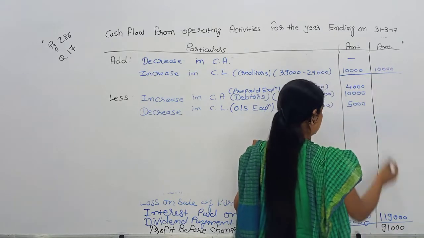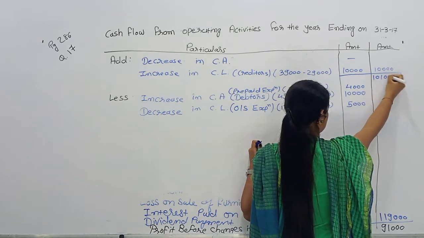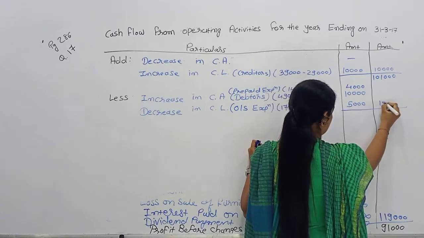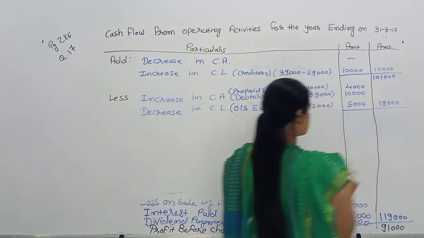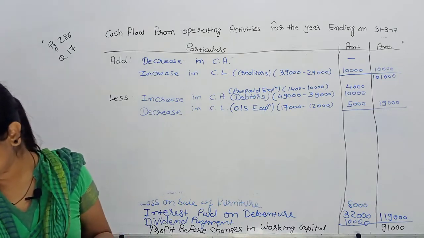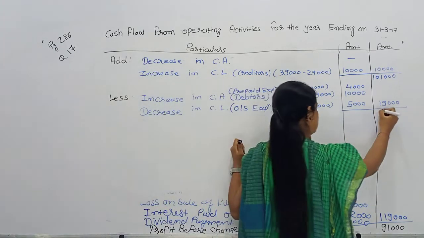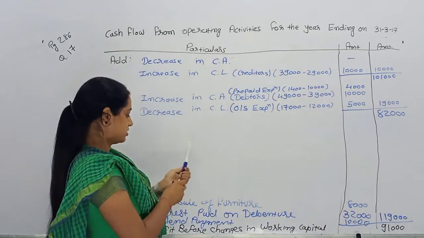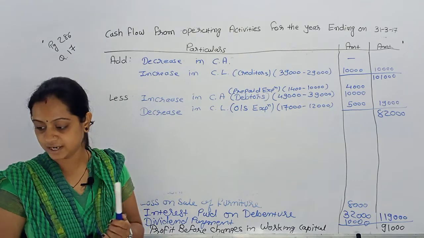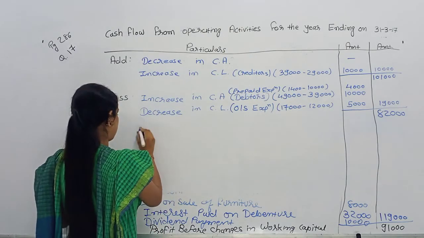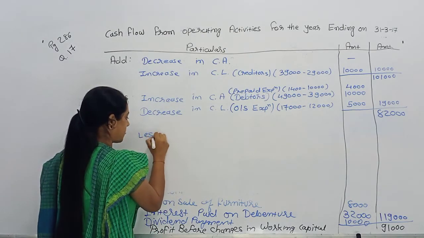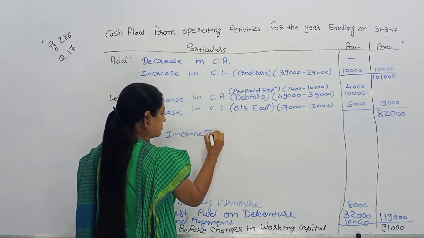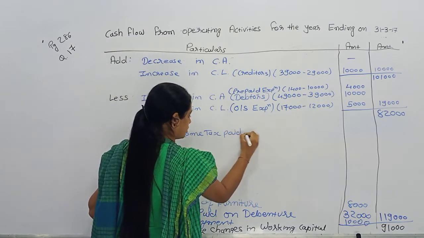This we have to add to 91,000, so our answer will be 1,01,000. Then we have to less 15,000 minus 19,000. That means we'll get the answer 82,000. See, one piece of information is still left, right? That is provision for tax. So here I will write less income tax paid during the year.